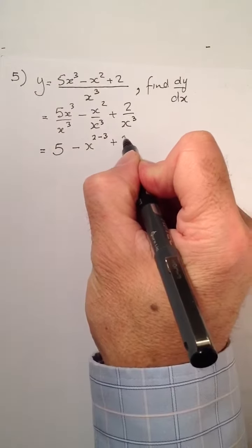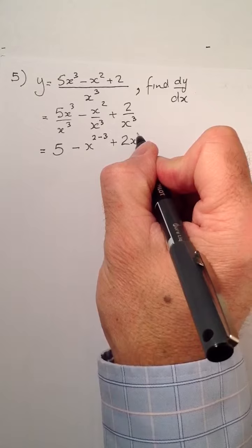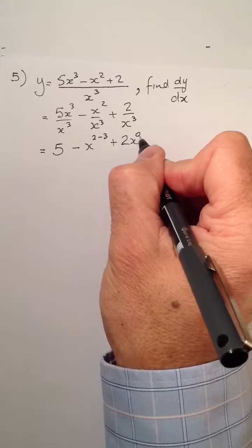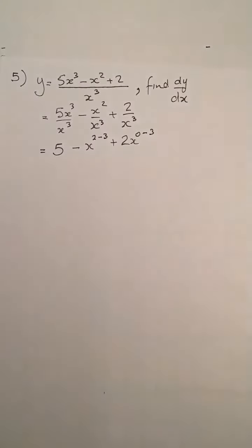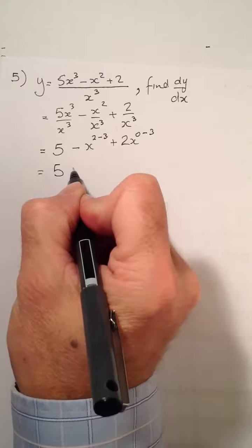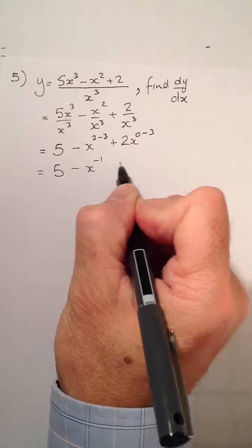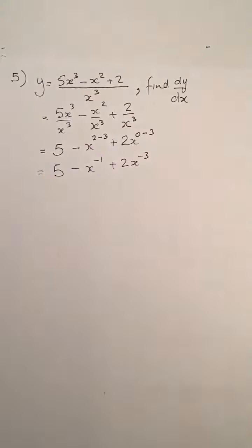And same with this one here. So I've got 2, and remember 2 would be just looking like 2x to the power of 0, because x to the power of 0 is 1, and I will take away the 3 from there. So let's write that out, and I've got 5 minus x to the minus 1 plus 2x to the minus 3.